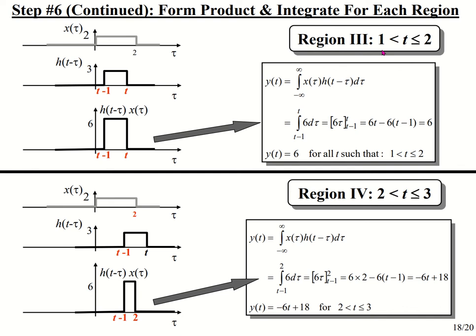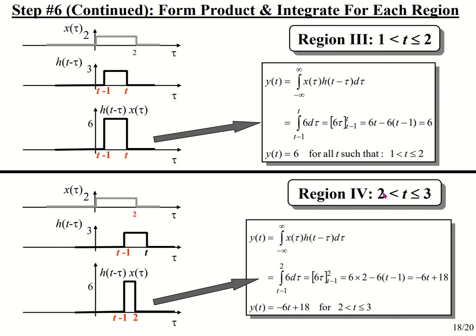So this is the region between t equal to 1 and 2, where the overlapping area between these two signals will always be the same, constant, and that is 6. So y(t) will always be 6 for t lying between 1 and 2.